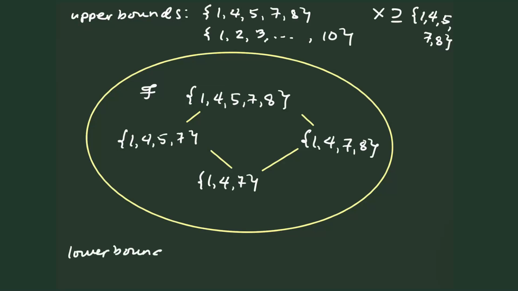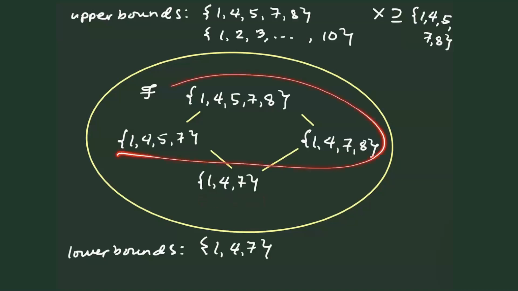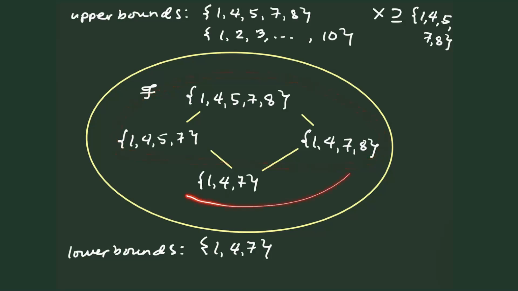A lower bound would be the set containing 1, 4, 7 because all the elements of F are greater than or equal to {1, 4, 7}. And we can also have the set {1, 4}. We can also have the set {1}, right?